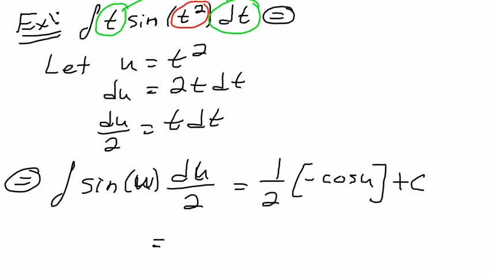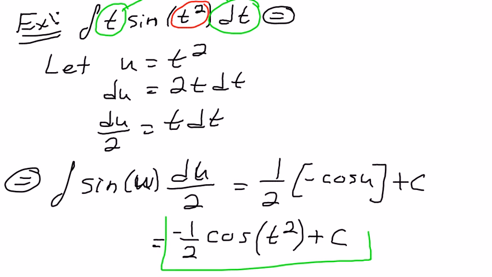And now remember that we want to plug what we had back in for u. Okay, and that's our answer. That's how you solve an indefinite integral using the substitution rule.